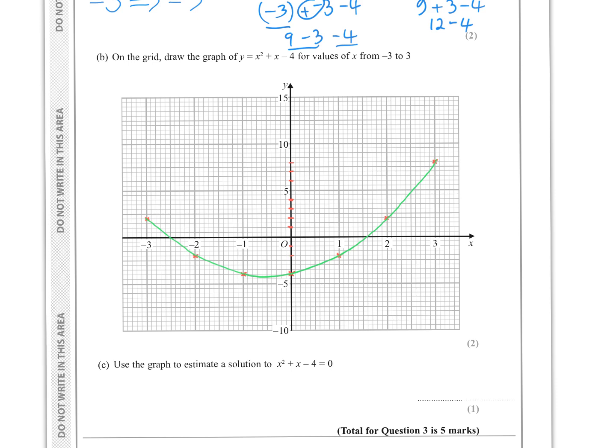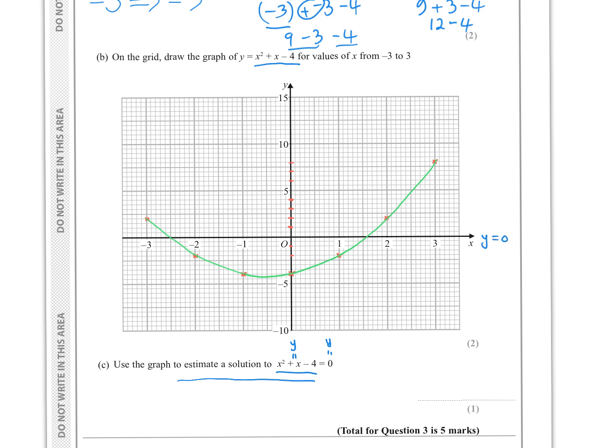It says, use the graph to estimate a solution to x squared plus x minus 4, which is where we started, equal to 0. So basically where I'm going to cross the x-axis, okay? Because it's like having y equals here and then y equals here. So if y equals this, okay, that's what we've drawn, and when y equals 0, that's called the x-axis.